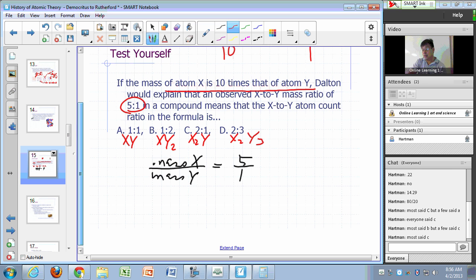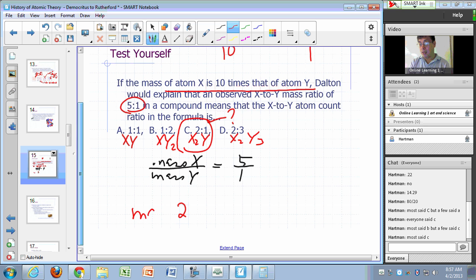Most said C, 2:1. Let's see. If it is C, what would be the mass of X? Let's say you have two atoms of X, right?